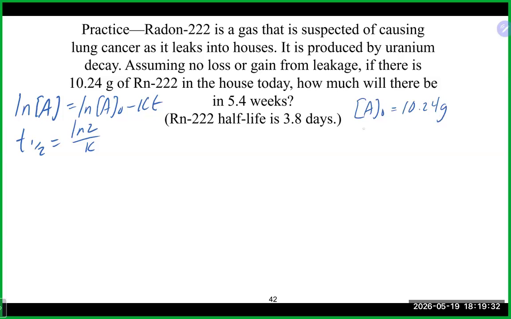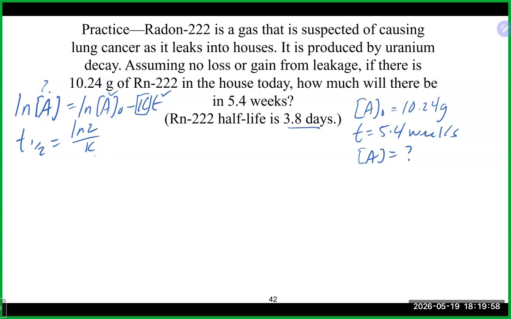We have our time, which is 5.4 weeks. And we are looking for what's going to be left over at the end. So we're looking for this. We have that. We have that. We are missing the decay constant to allow us to solve for it. That is where our half-life is going to come into play.